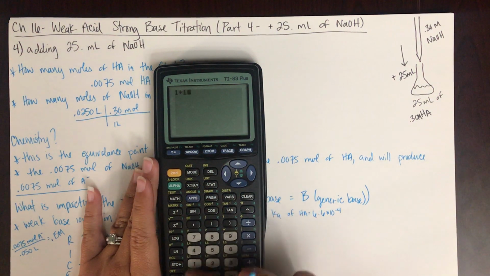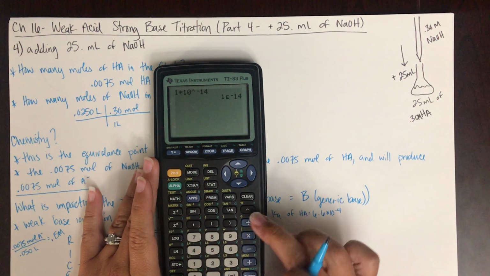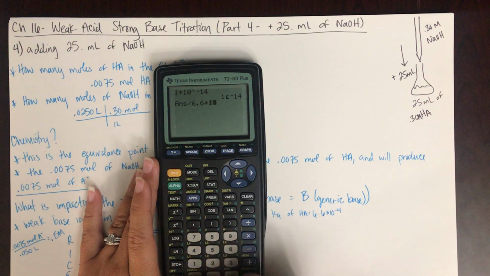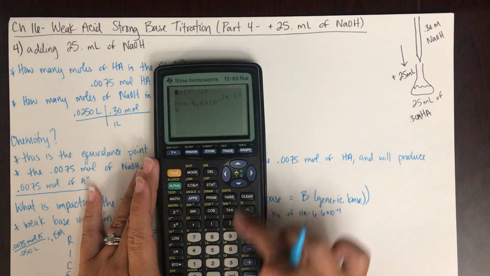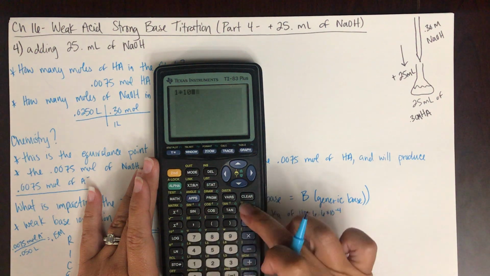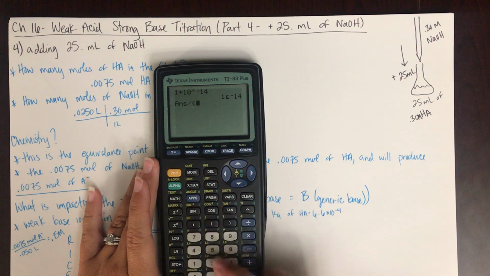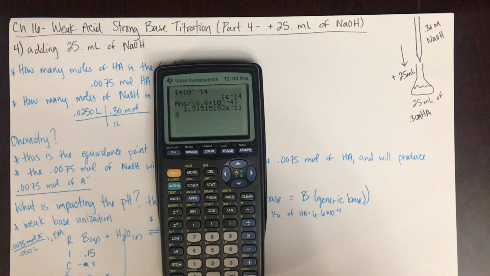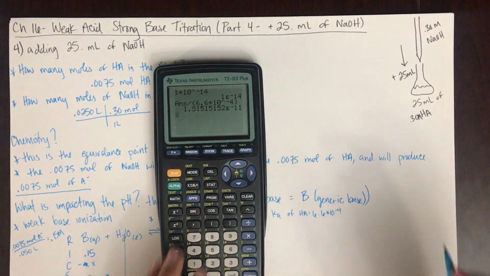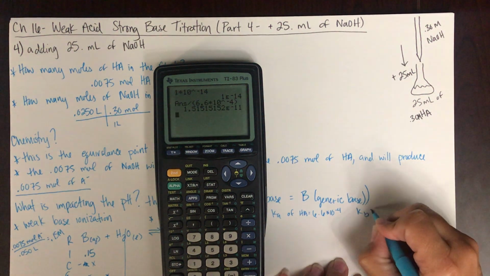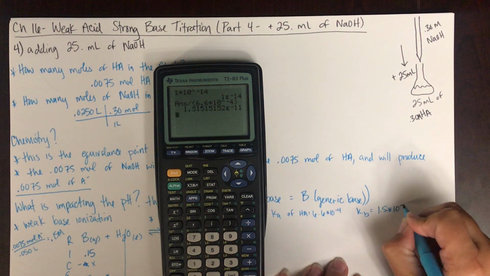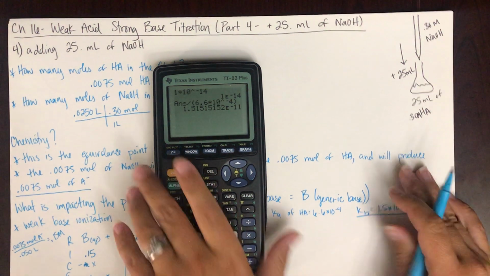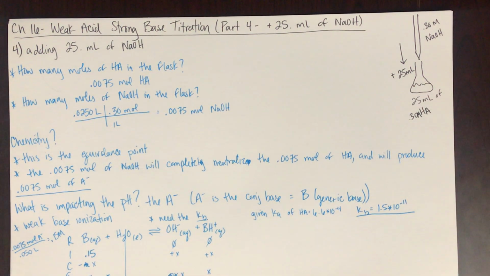So if I take 1 times 10 to the negative 14th and divide by 6.6 times 10 to the negative 4th, I get 1.5 times 10 to the negative 11th. This is the Kb that we're going to use for this.